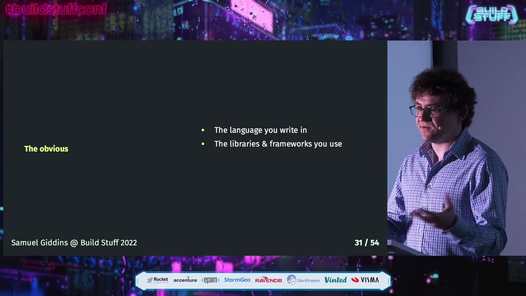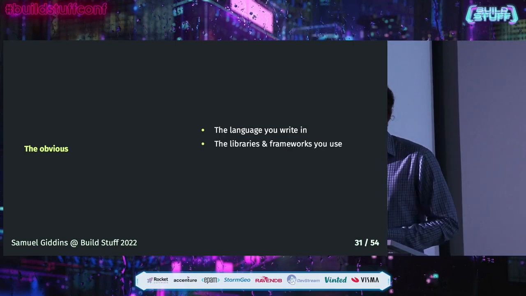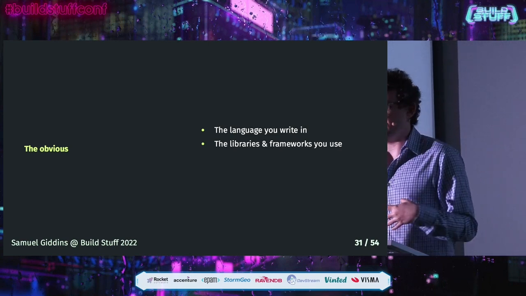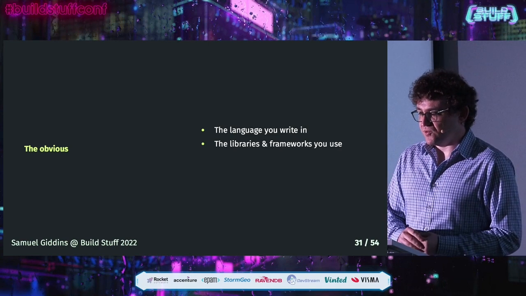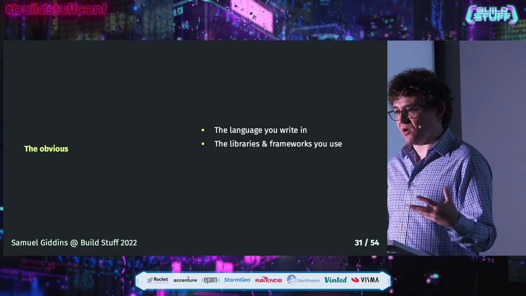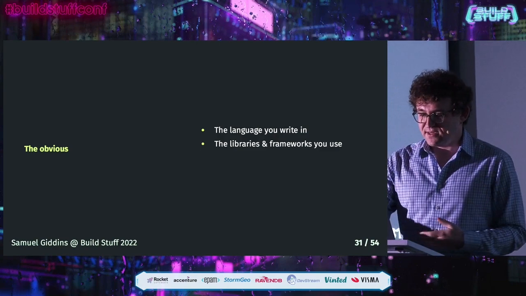You're changing up the languages and the libraries and the frameworks that you use. I went from being a build engineer who was working on a lot of stuff with Bazel to working in a microservice framework called MISC that the company had built.